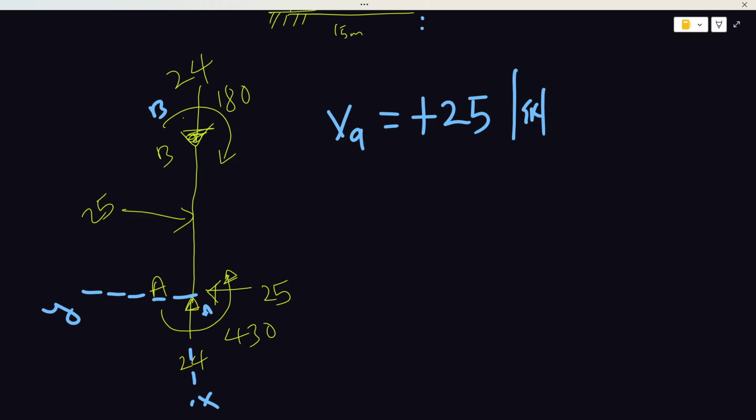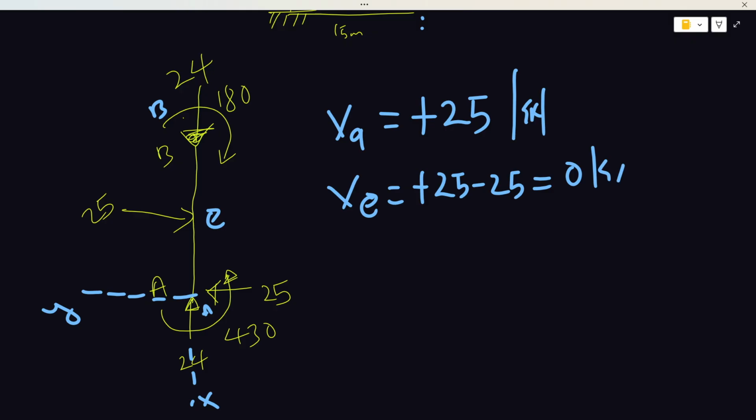Now, if A, B, C, D, let's put this as E. VE will now be plus 25 minus 25. It will now be 0 kilonewtons. And VB will be zero also, because there's no other vertical force in order to change this value.